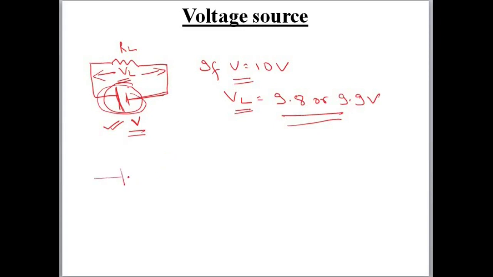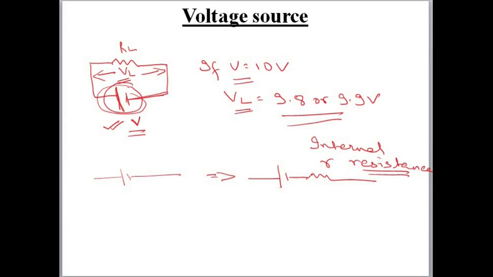Any voltage source V is not like this. Its practical circuit will be this in series with a resistance. That is called internal resistance. Because of this resistance there will be a drop, and that's why you will get VL less than the supply voltage.